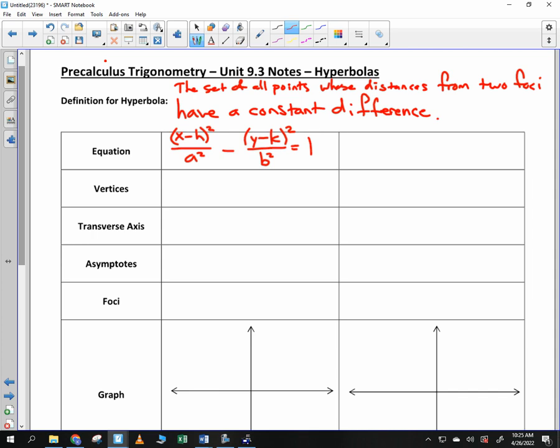What do you think about that? Good? Okay, so that's for a horizontal one. For a vertical one, you get y minus k, quantity squared, over a squared, minus x minus h, quantity squared, over b squared. Whoop, I'm sorry, I wrote plus there. Sorry about that.